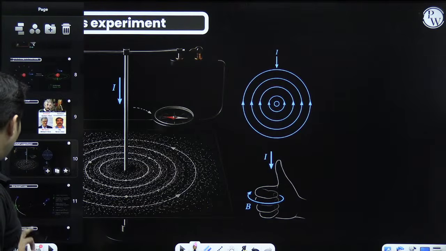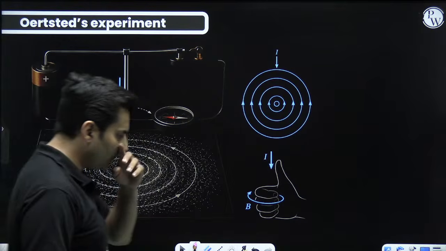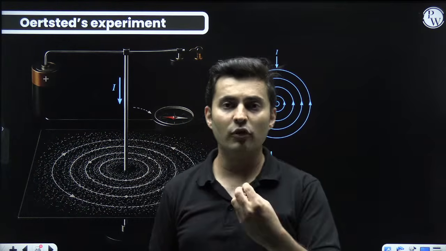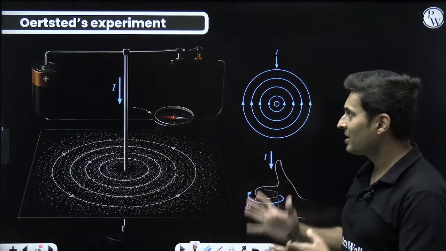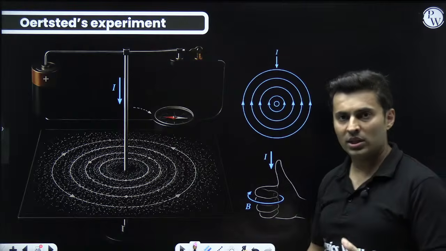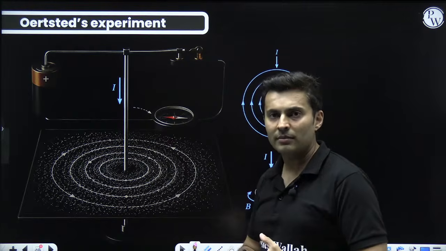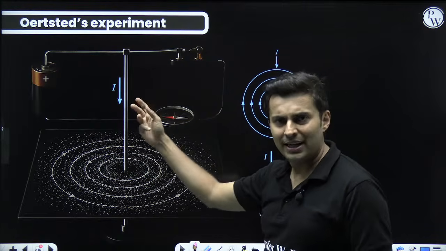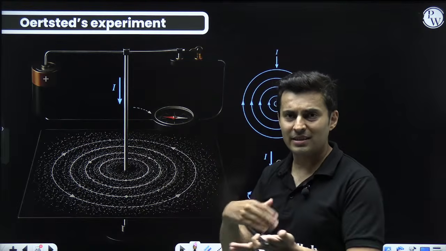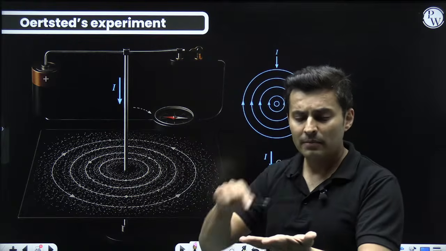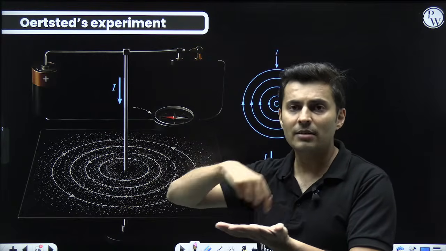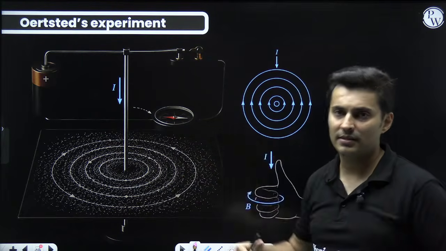Okay, now the concept of magnetic field generating from moving charges came from the famous experiment of Oersted. Oersted took a current carrying wire, basically connected to a battery, and he sprinkled some iron filings around it, and these iron filings started arranging themselves in beautiful concentric circles.